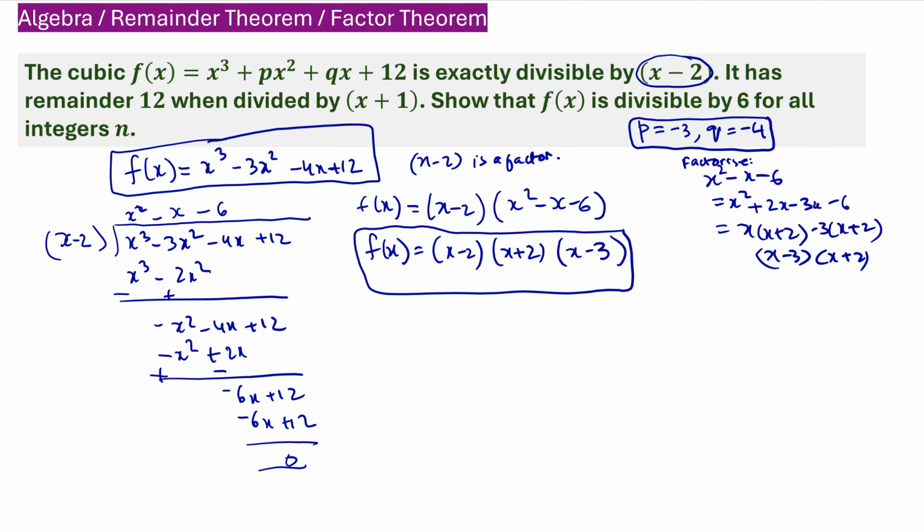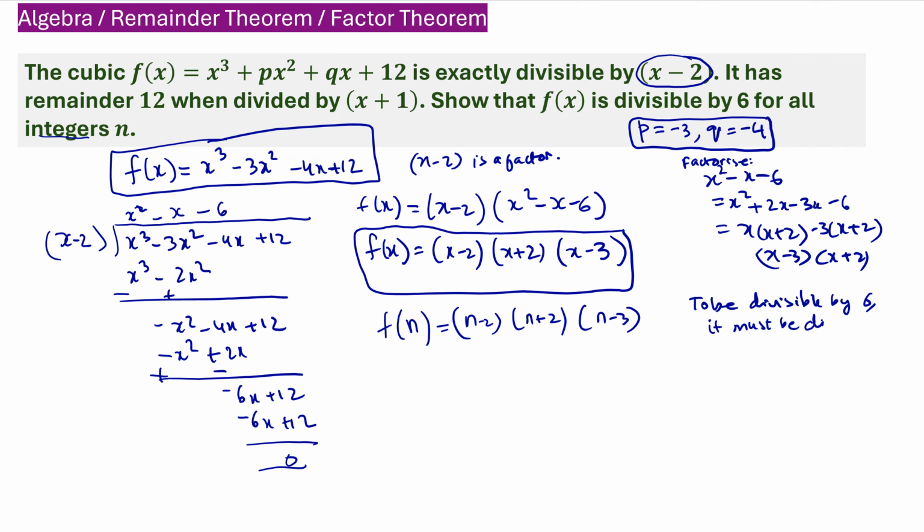Now we need to do the final bit, to show that it is divisible by 6 for all integers n. Integers, mind you, they've said. So f(n) can be written as n minus 2 times n plus 2 times n minus 3. To be divisible by 6, it must be divisible by 2 and 3.